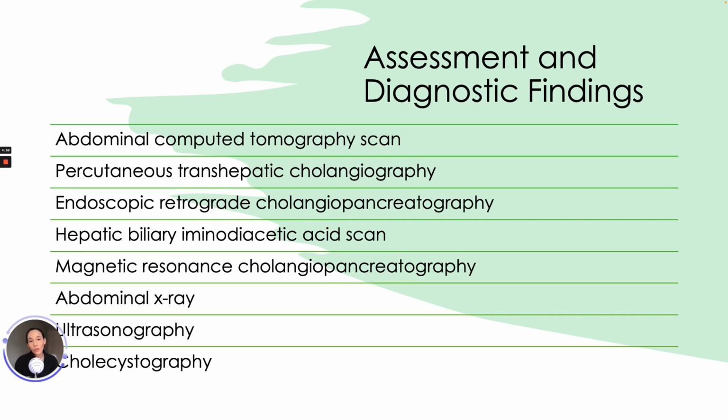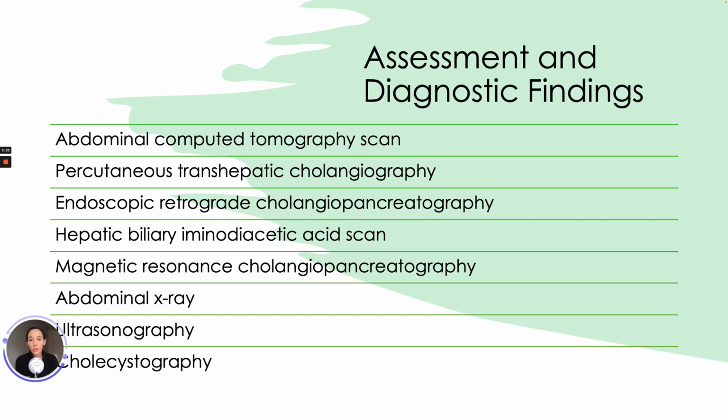They can do an endoscopic retrograde cholangiopancreatography, or an ERCP. It visualizes the biliary tree after insertion of the endoscope down the esophagus to the duodenum, cannulation of the common bile duct and the pancreatic duct, and injection of contrast medium.